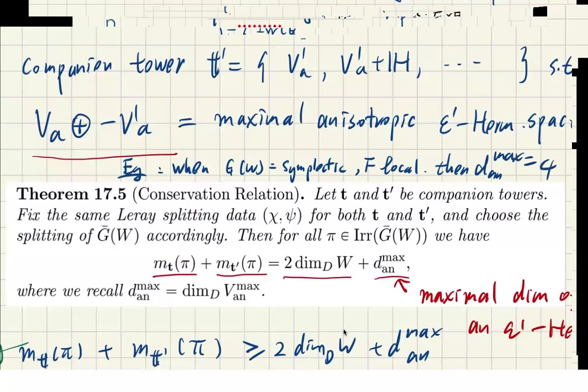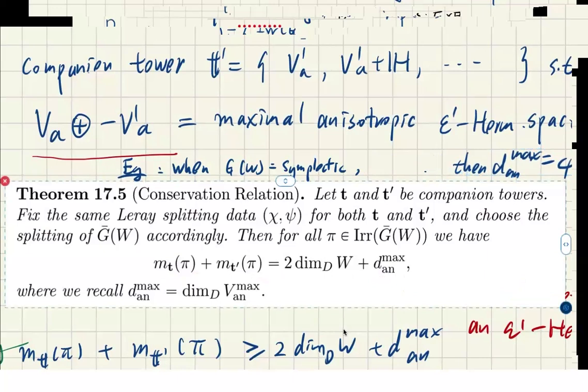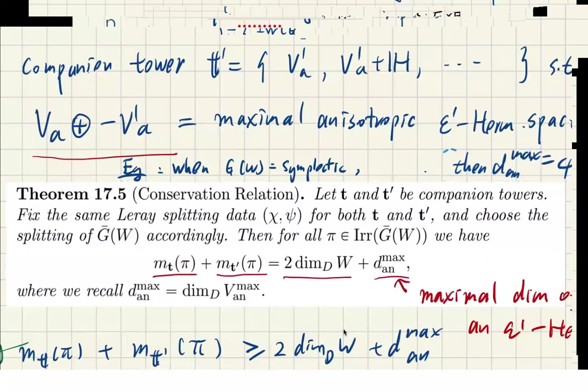And the F is local, sorry, symplectic. Okay, so I think I should write when F is p-adic.